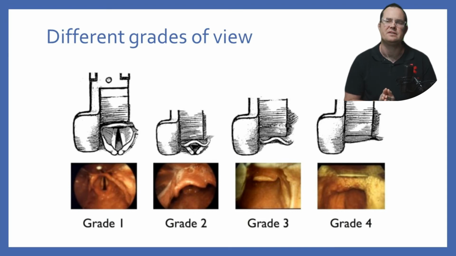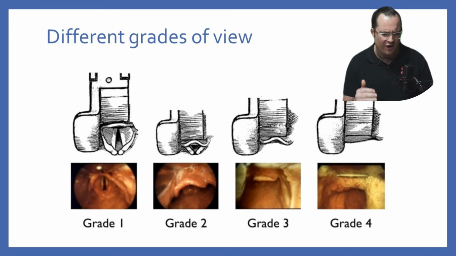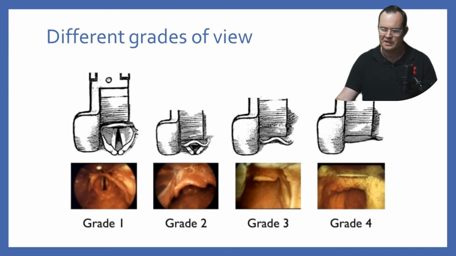Please, please, please change your blades when you pass it to somebody else. If you practice intubation and you know what you're doing technique-wise, do not just pass it over. Too often do I see that happen. Drives me nuts. Take off the blade, ask for a 4 Mac, ask for a Miller blade, whatever you need to do. But if you're seeing those views, you're not going to see it regardless.